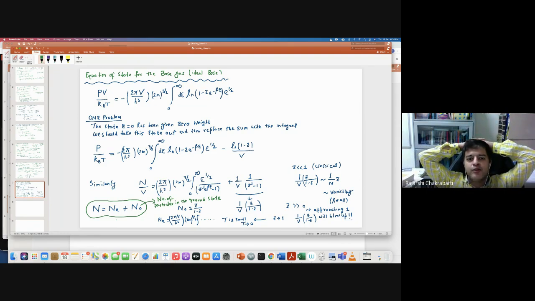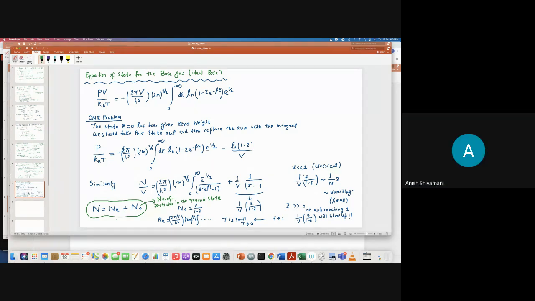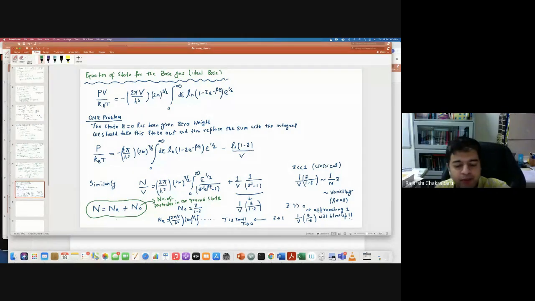But as you cool down your system, what do you see here? Almost all the particles are in the zero state. When you approach a very low temperature, most of the contributions will come from the zero state. So the epsilon zero level gets densely populated.